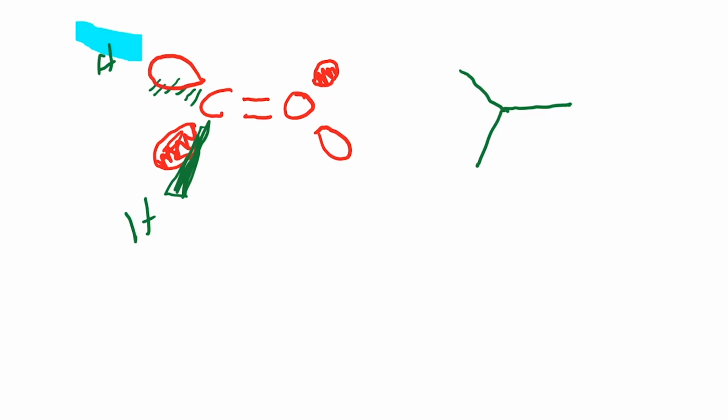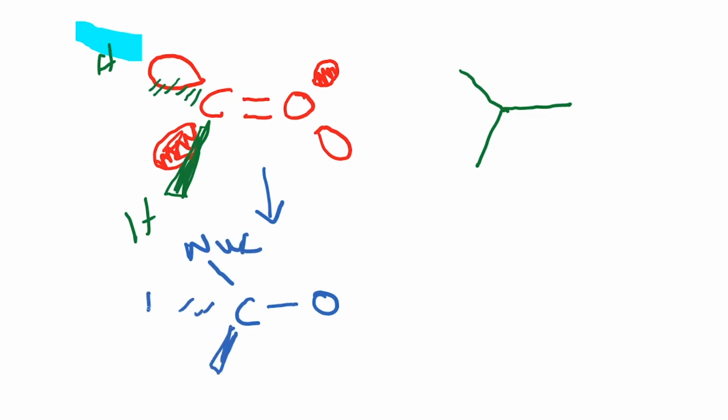And it starts to bond with the pi star orbital, and this results in the breaking of the carbon oxygen pi bond, and you end up with a new bond between the carbon and the nucleophile. This is how we would understand the reaction of nucleophilic addition towards a carbonyl compound.